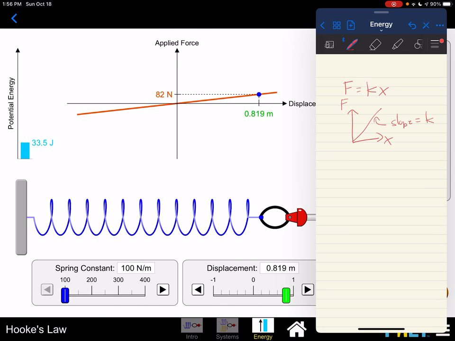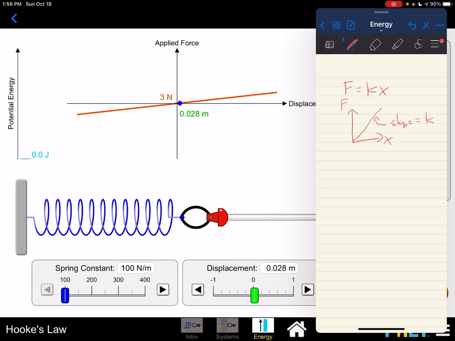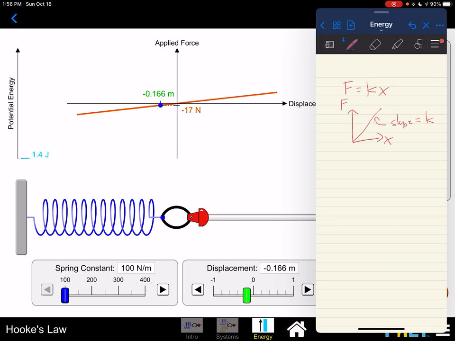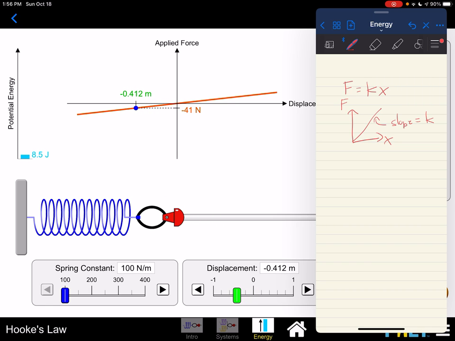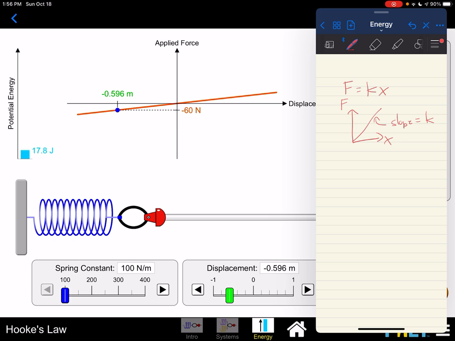Right, so as we stretch this, as we increase the displacement from equilibrium, we get more force. Similarly, if we were to squish it, so that's registering as negative displacement, we get a proportional amount of force, but in the other direction. So now the spring is actually pushing to the right.